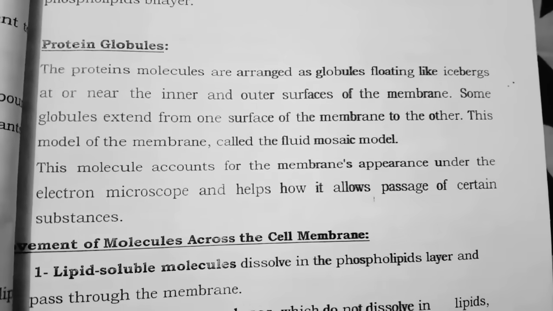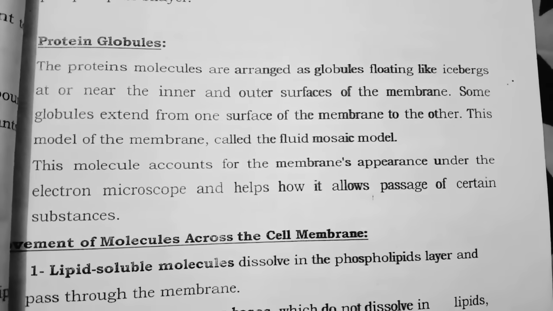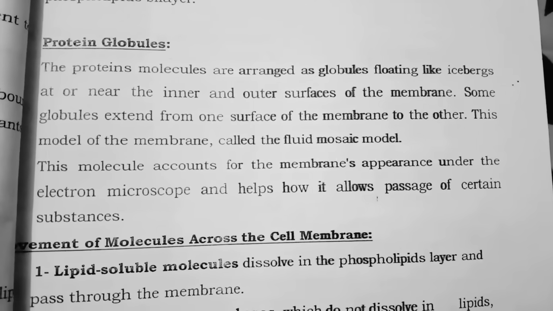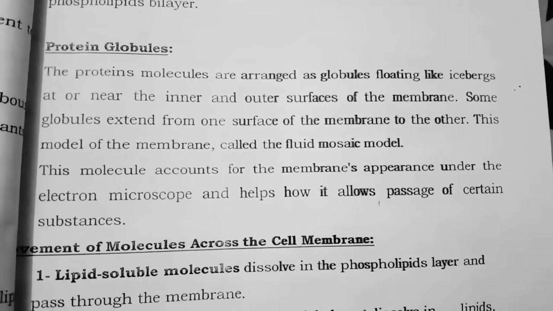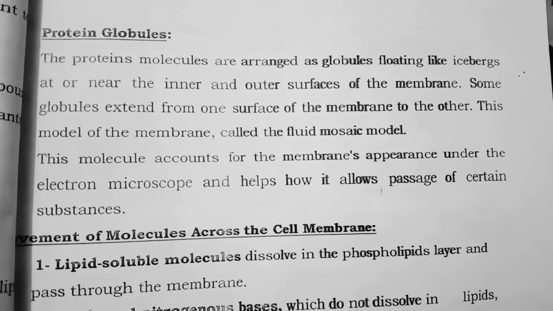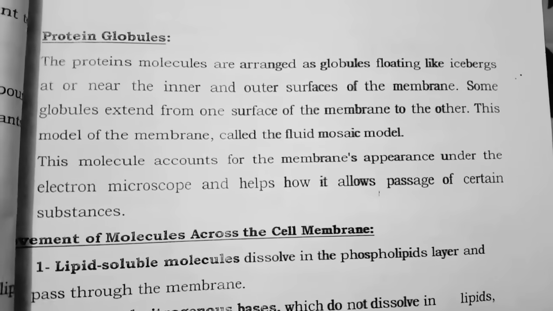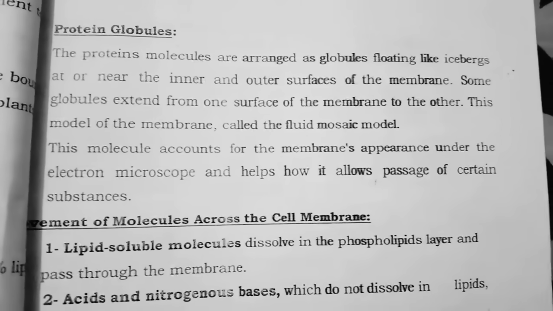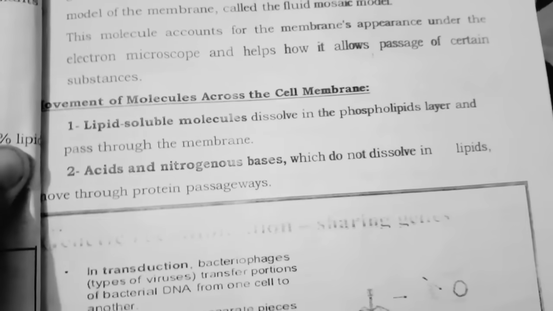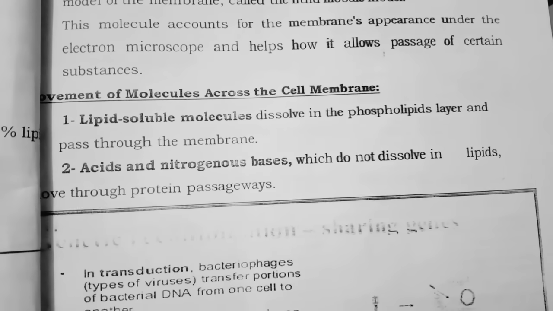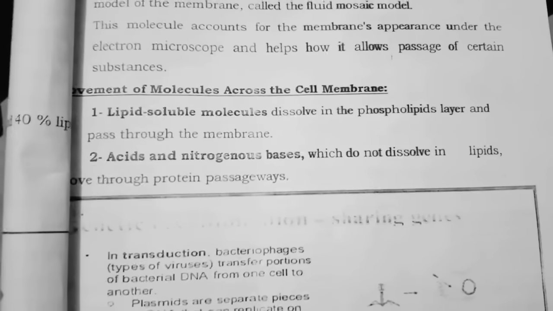After that, these molecules account for the membrane's appearance under the electron microscope and help explain how it allows passage of certain substances. Next is the movement of molecules across the cell membrane.